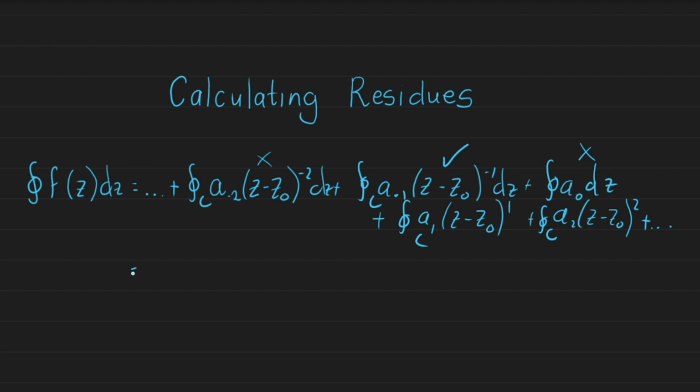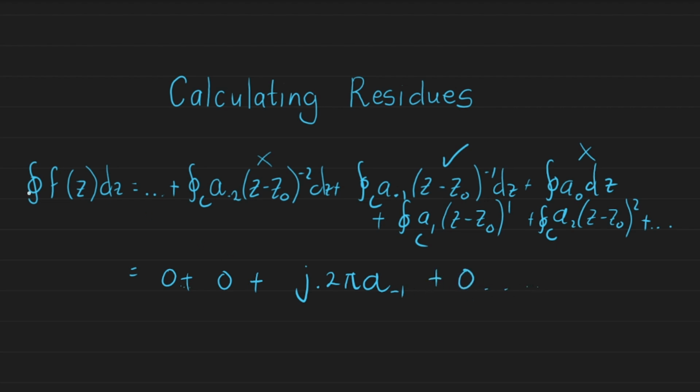So this integral just becomes 0 plus 0, then plus this integral with the -1, which takes on the value of j times 2 pi times this coefficient a minus 1, and plus 0.